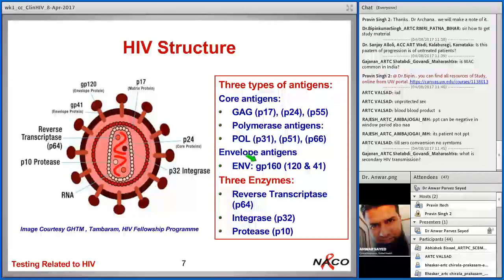There are other antigens. You can see here one of which is very famous, the P24 antigen. And there are three enzymes which you can see inside. Essentially HIV is an RNA virus. Along with that, as I said, there are three enzymes: reverse transcriptase, integrase and protease.